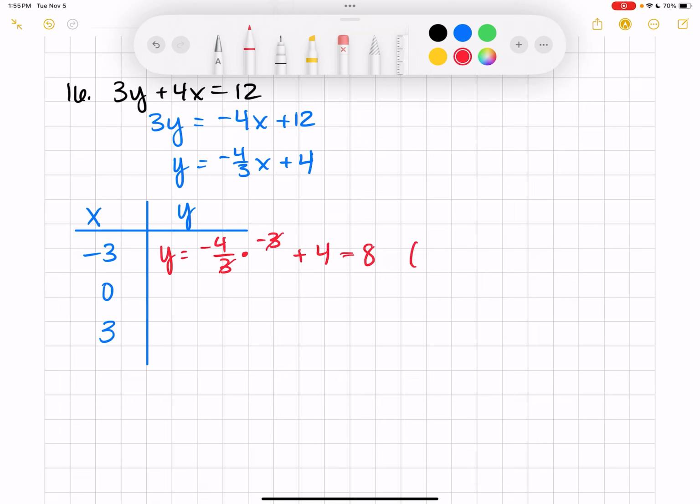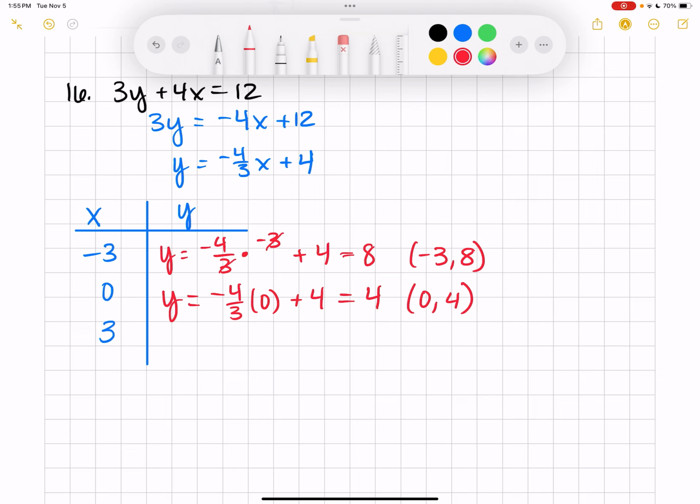So this point is at negative 3, 8. Plugging in 0, this one's the best one of all because when I do this, negative 4 over 3 times 0 plus 4 is 4 because 0 times anything is 0. So this is the point 0, 4.